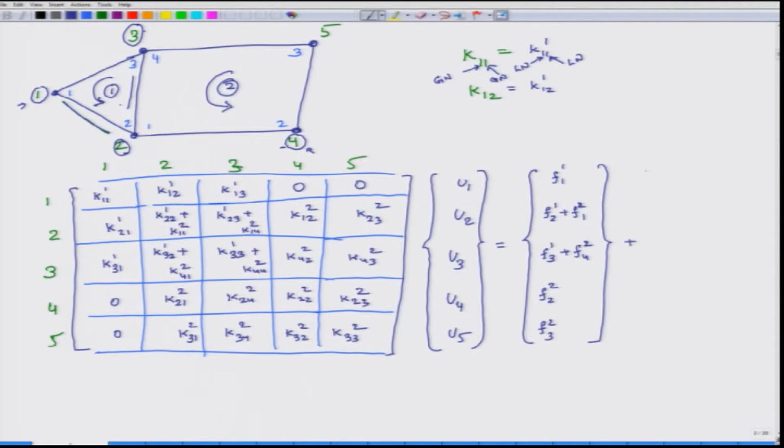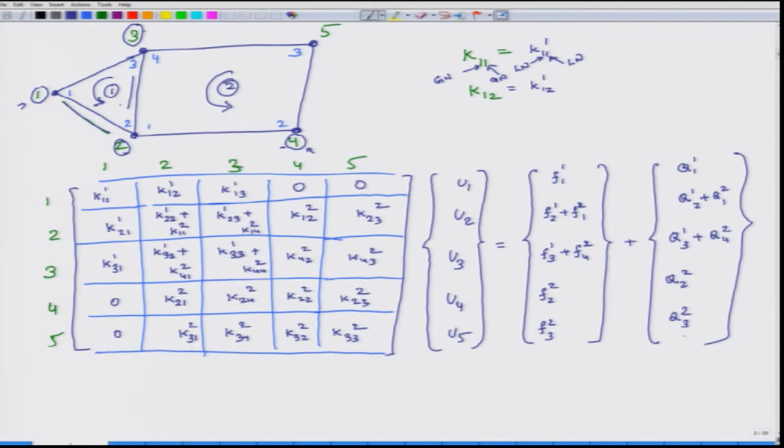And then the Q vector will be Q11, Q21 plus Q12, Q31 plus Q42, Q22 and Q32.